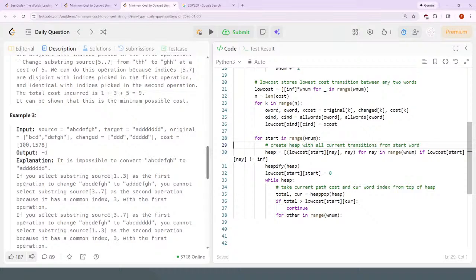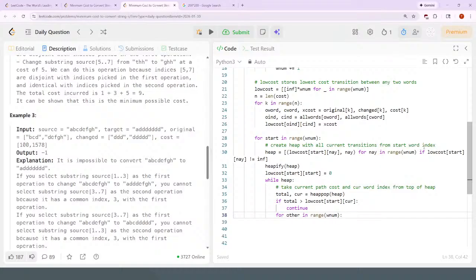For every starting from start word index to every neighboring word, I guess I don't need to compare lengths because it's already guaranteed to be the same length if there's a transition between them.